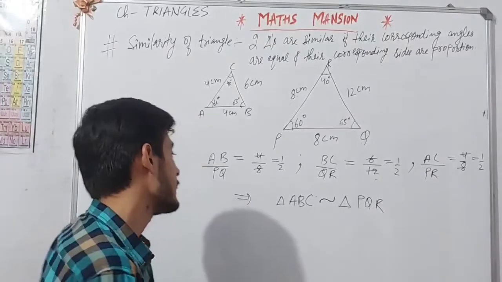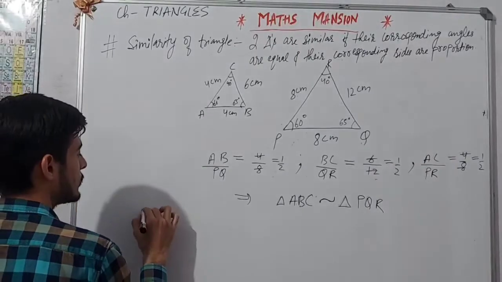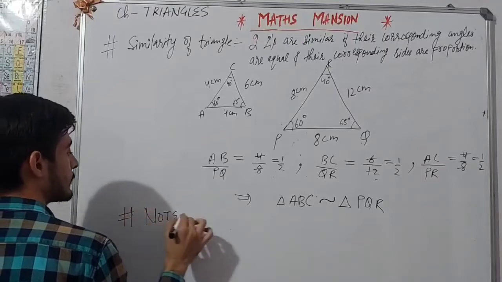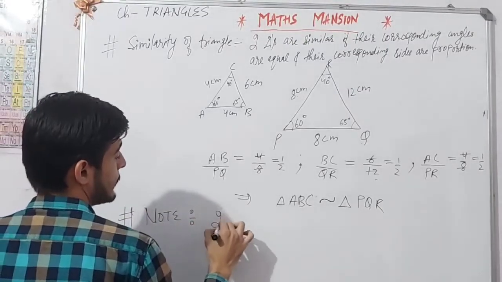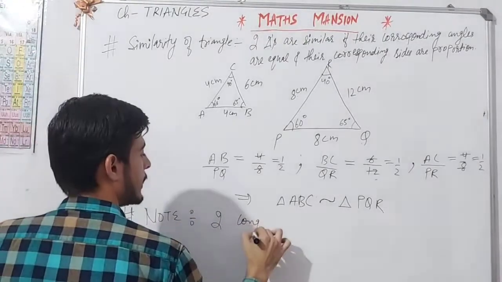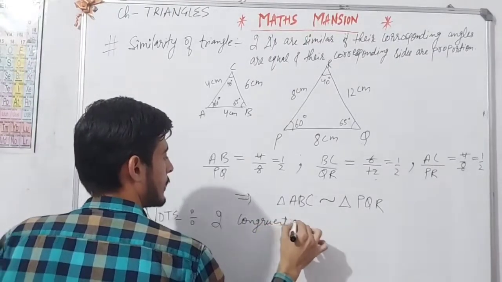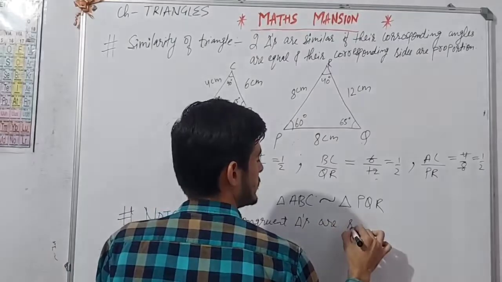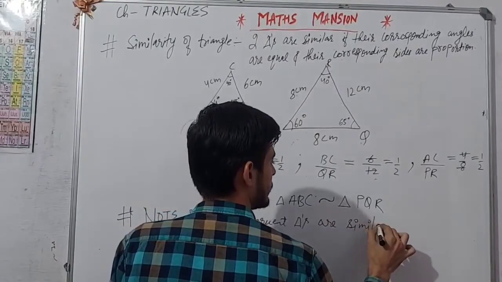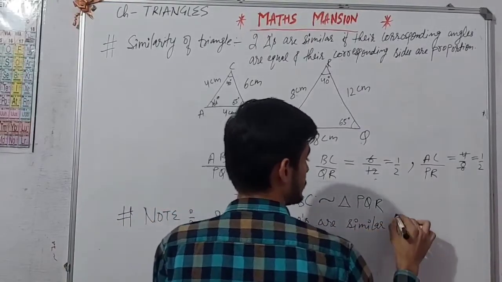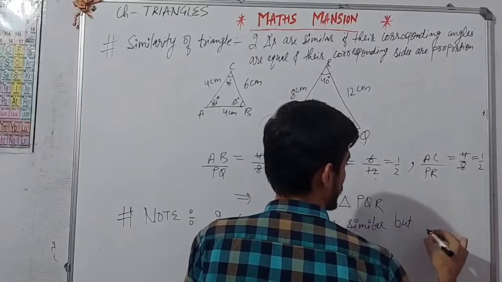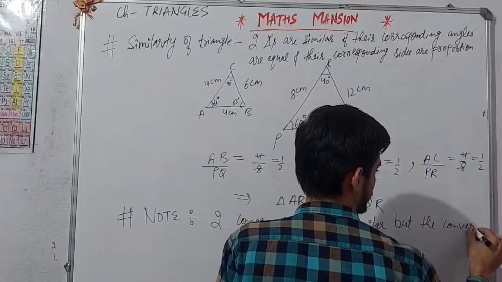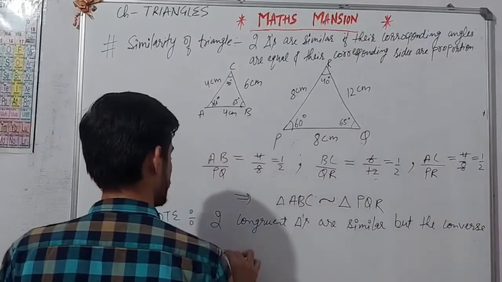So you can also write a note. We can say that two congruent triangles are similar, but the converse is not true.